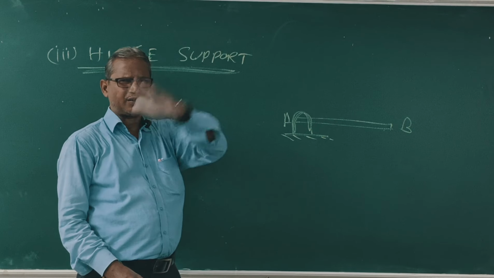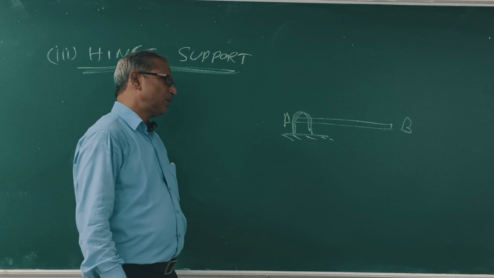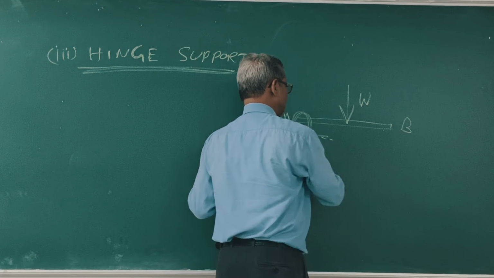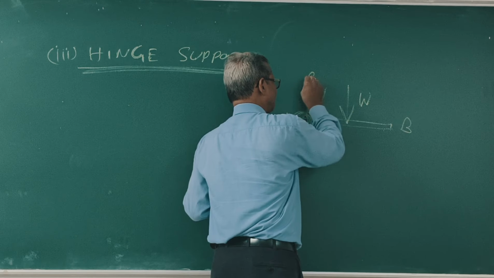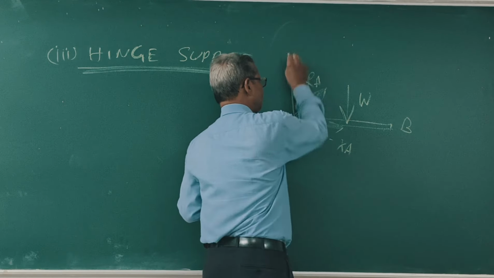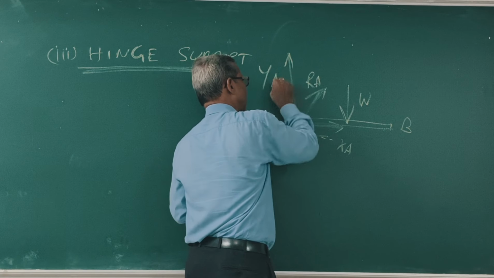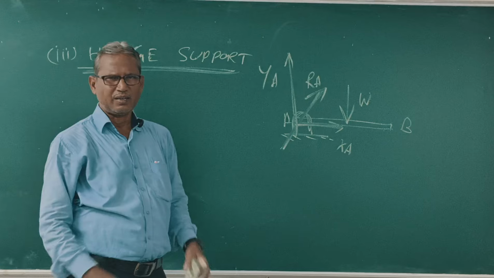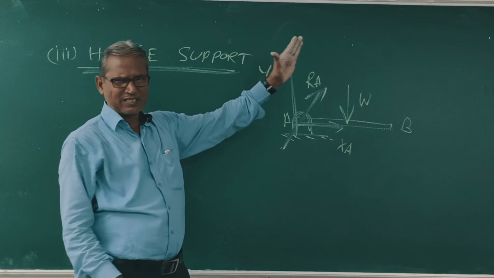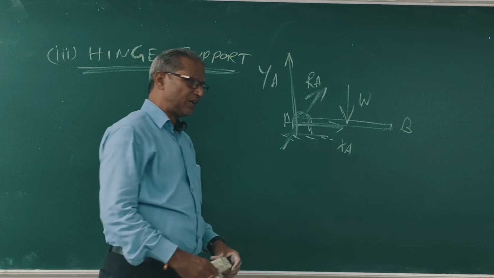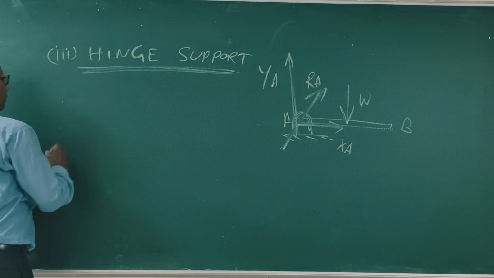It can rotate. Suppose this is load W, this is RA in an inclined direction. This is XA, this is YA. Clear? This is inclined direction: RA, XA, YA.